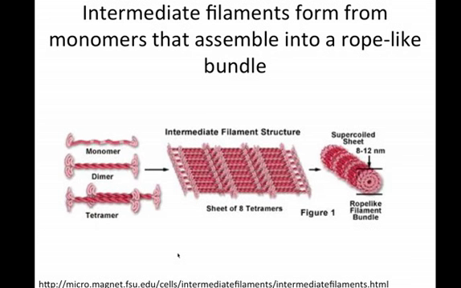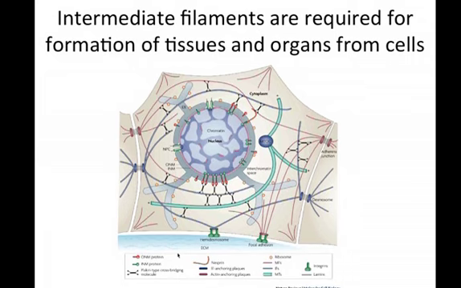That's what gives our cells and our tissues the strength that they have. These intermediate filaments are required for formation of tissues and organs, because the cells need to be connected to each other and stay connected to each other and to the extracellular matrix to form these sheets.